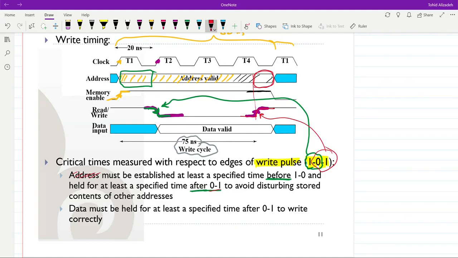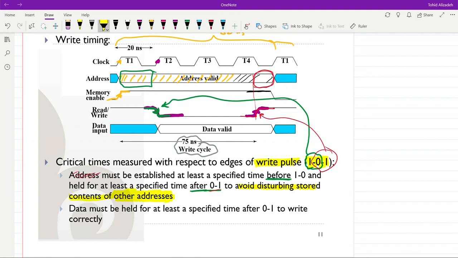It should be stored and kept the same. This is done in order to avoid disturbing the stored content of other addresses, other elements. Because if the data in the address line changes, there is a chance that the new elements referred to by the new address could lose their data.